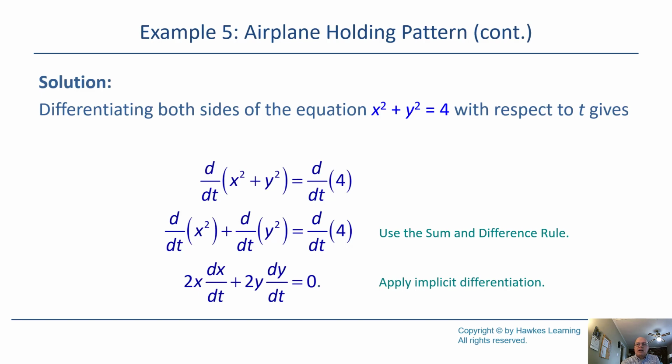Notice that the 2x is times dx/dt because we're not differentiating with respect to x anymore. We're differentiating with respect to time, which usually is the case when we're talking about rates. So there's our derivative. Go back through here, make sure you can get from here to here.